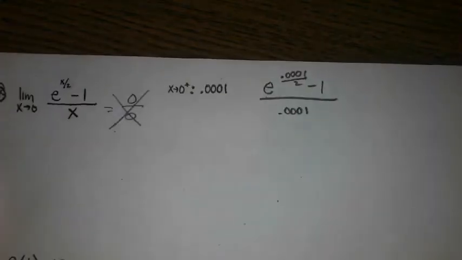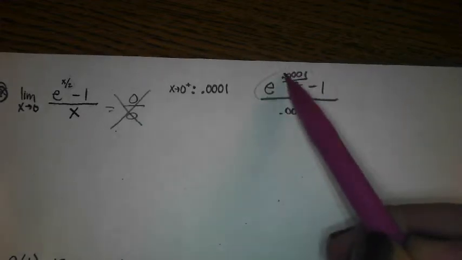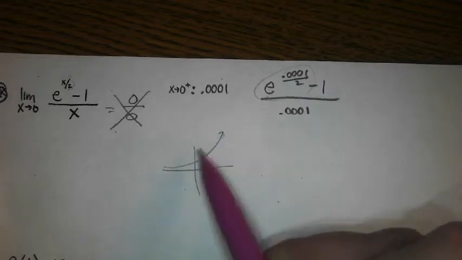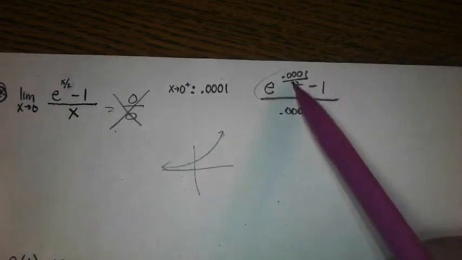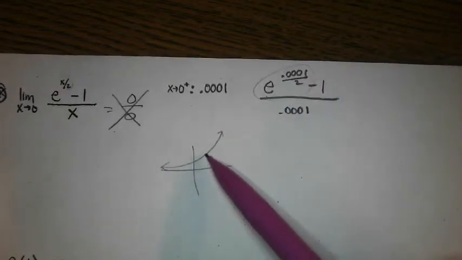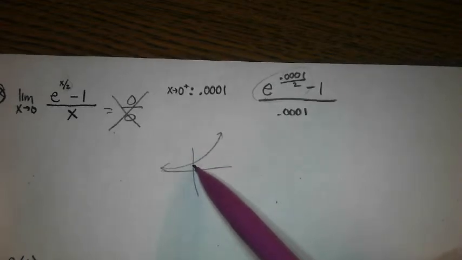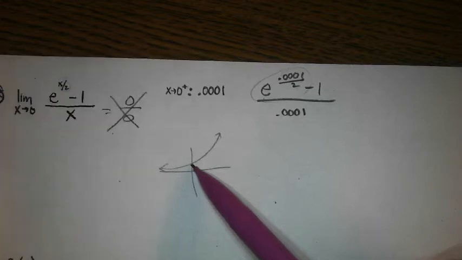So that just got even smaller when I did that, right? If you think about the e graph in and of itself, it looks like this, right? As I plug in x values coming from the right, they get closer and closer to 0. And then you're dividing it by 2, so it's getting even closer to 0.